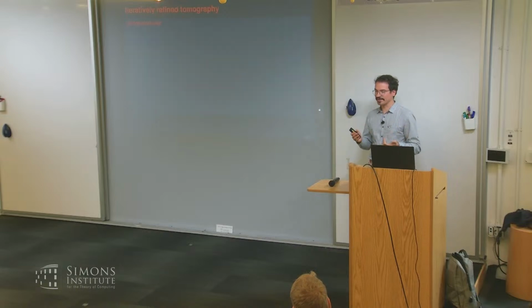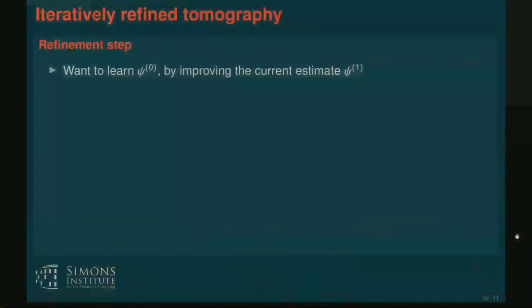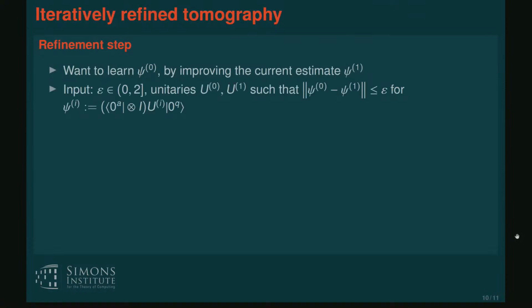Okay, now let's apply this refinement to tomography. Once again, the goal is that we want to learn some unknown quantum state psi0, and we have some current estimate psi1, our best current estimate of the unknown state psi0. We have some unitaries that prepare the two states, the unknown state prepared by a black box and the known state prepared by us.